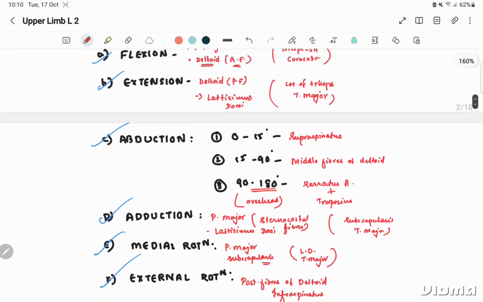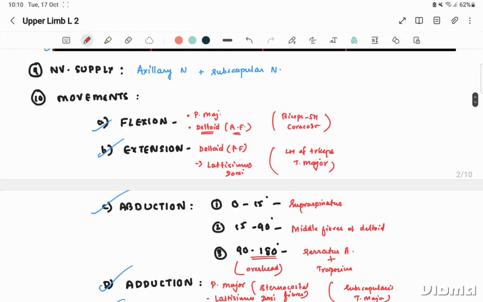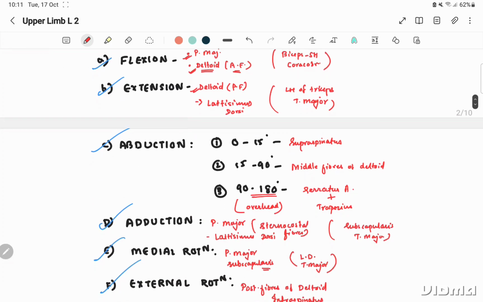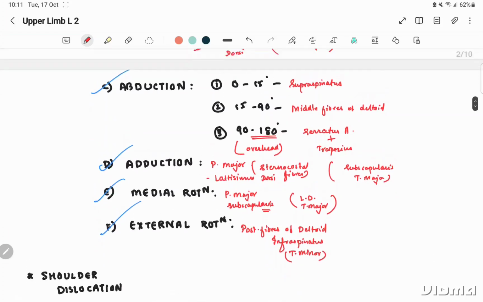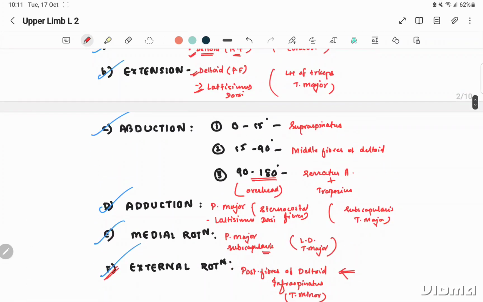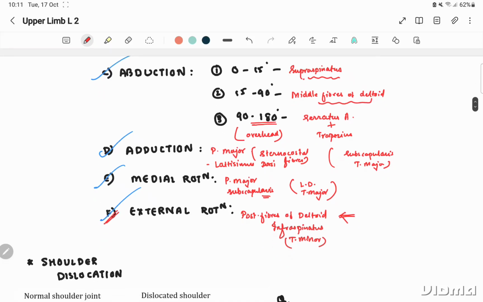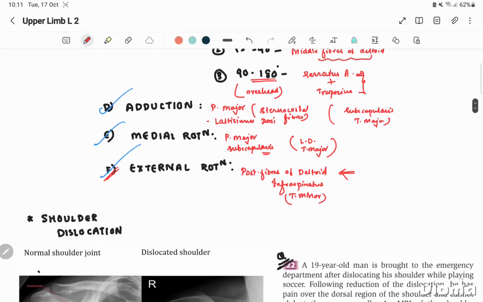Okay. So these are the names of the muscles which will help in these movements. The pectoralis major clavicular fibers and the deltoid anterior fibers help in flexion. In extension, the posterior fibers of deltoid and latissimus dorsi help. Posterior fibers of deltoid also help in external rotation. In abduction, 0 to 15 is supraspinatus, 15 to 90 is the middle fibers of deltoid, and overhead we have serratus anterior as the main muscle and trapezius also.